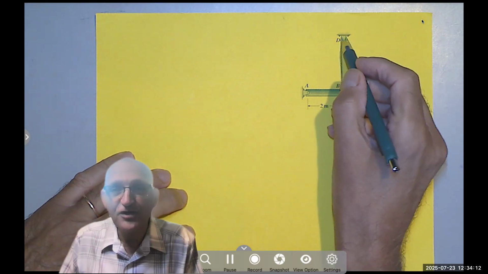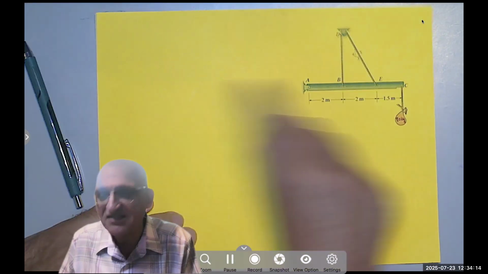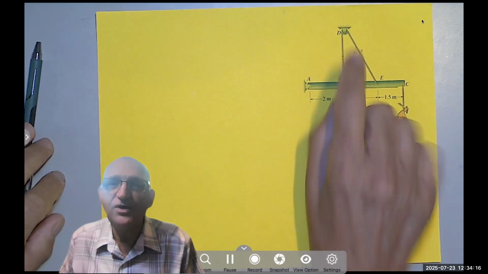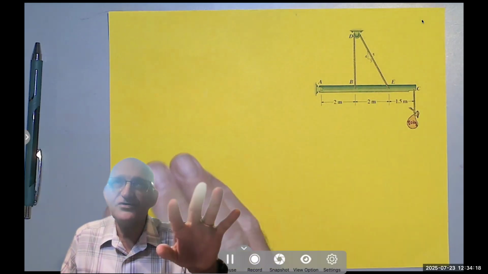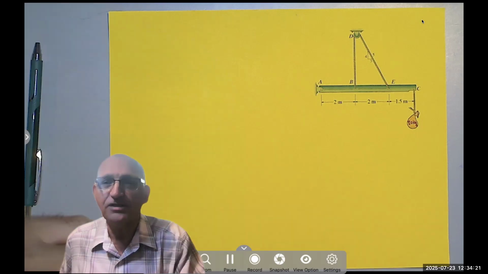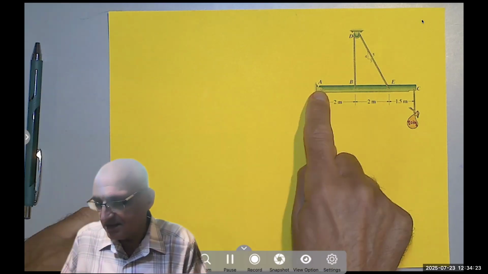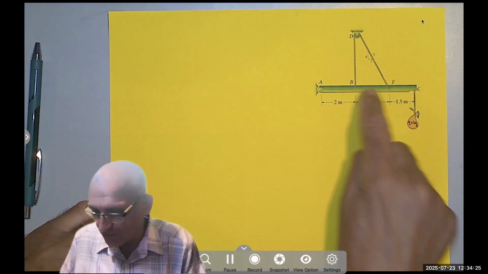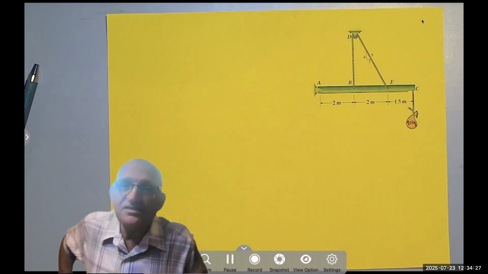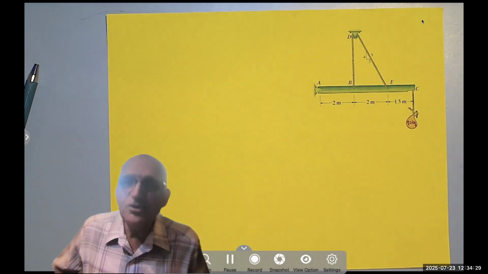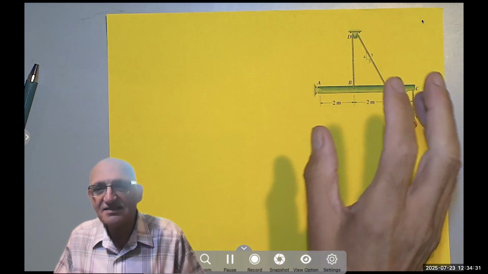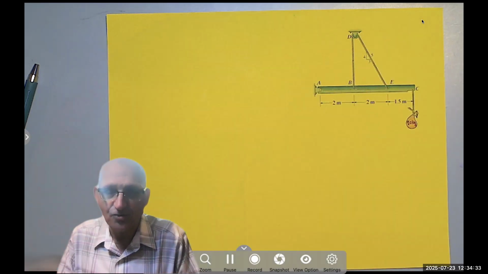There is some friction here, but if we say that's a smooth pulley, that's another way of telling you, oh, there is friction, we know, but you can ignore it. It's so small. Like here, we don't show you G or center of mass or center of gravity. It means, yeah, we know this beam has a mass, but it's small, so you can ignore it.